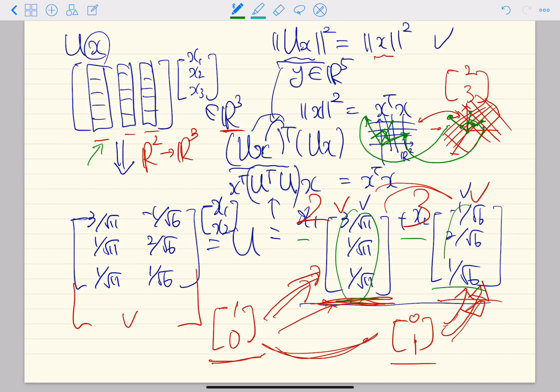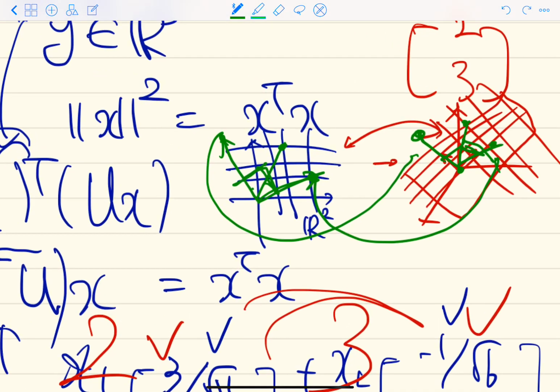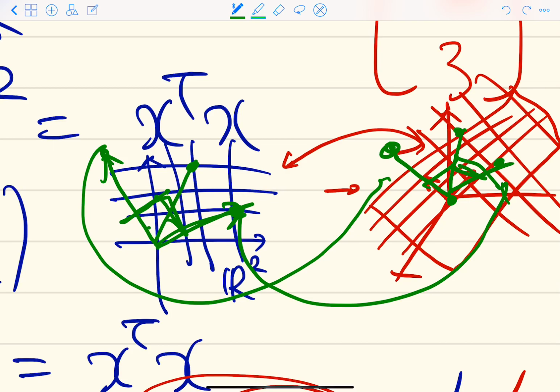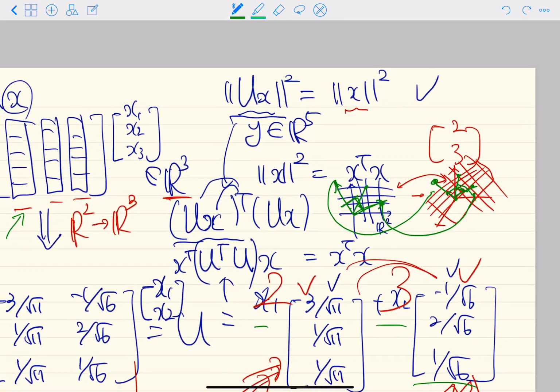Each of these columns is orthonormal to each other. It means their length is 1 and their angles are always 90 degrees. So basically we don't introduce any distortion in terms of the grid shape, right?